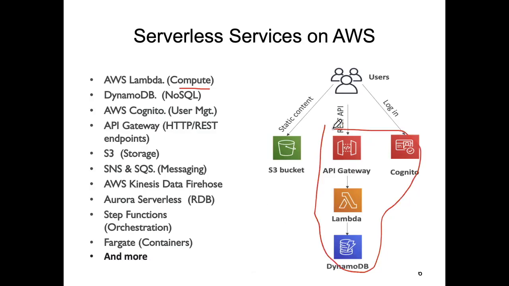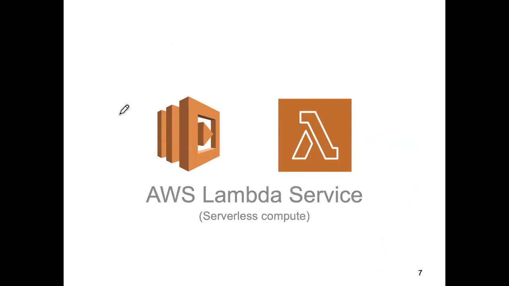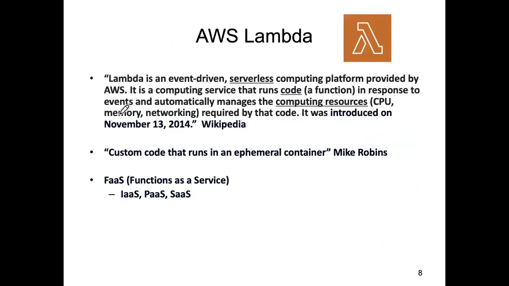So, sorry, just to go back. We need to work our way through some of these serverless services. The first one that I'm going to look at is the Lambda service, which is a serverless compute service.